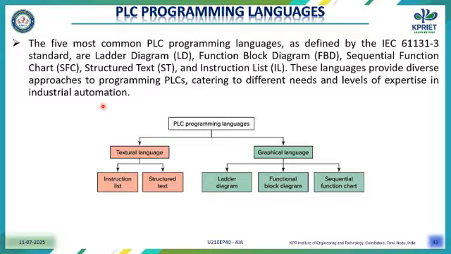If you take PLC programming languages, there are five most common ones, defined by the IEC 61131-3 standard: ladder diagram, LD; function block diagram, FBD; sequential function chart, SFC; structured text, ST; and instruction list, IL.